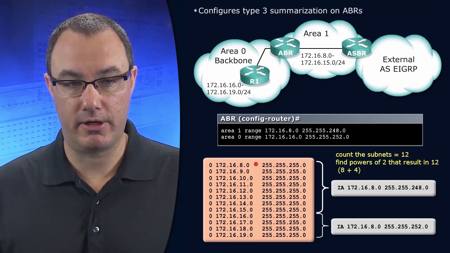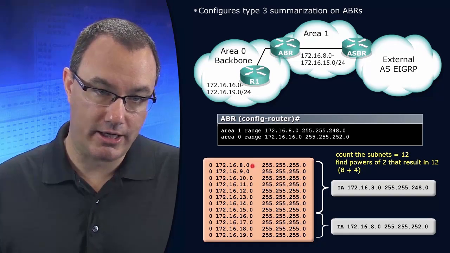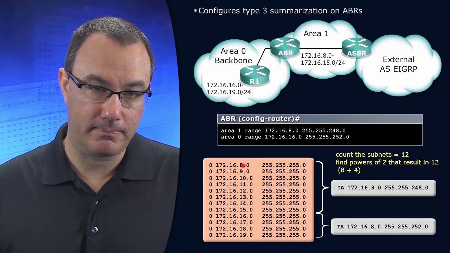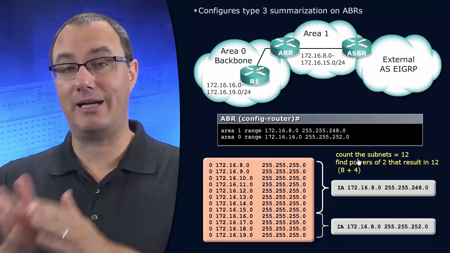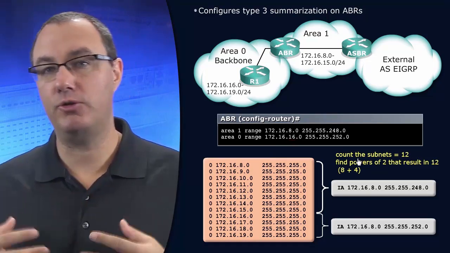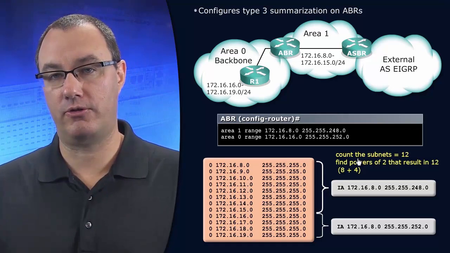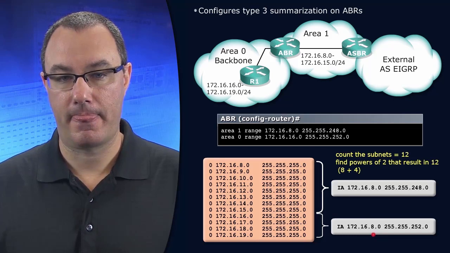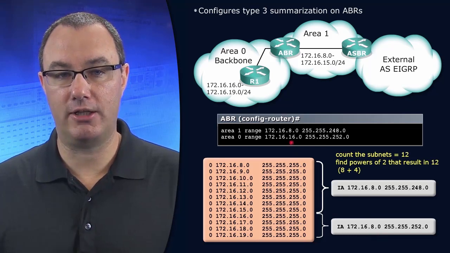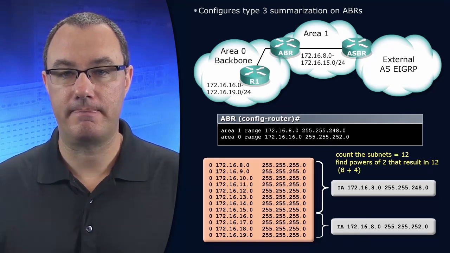And so we're summarizing .8 through .15, and then we have 4 left over, so I peel back 2 bits. I summarize for 4 networks. And that's the other summary. So you're just putting in the prefix that you're advertising.